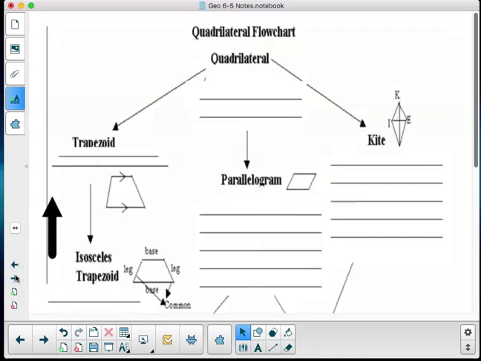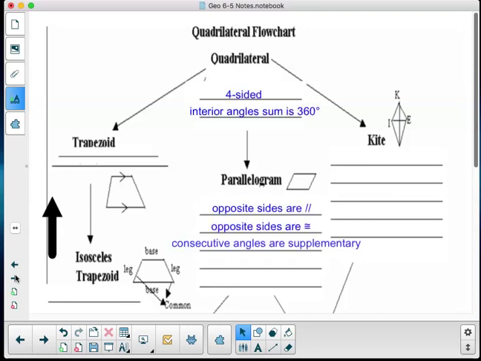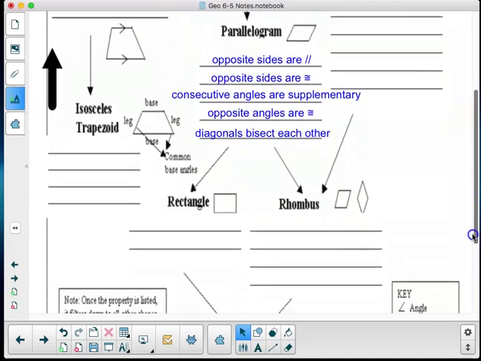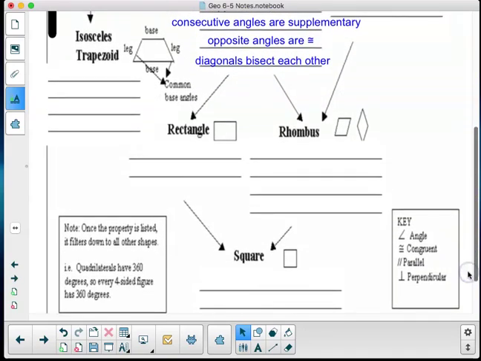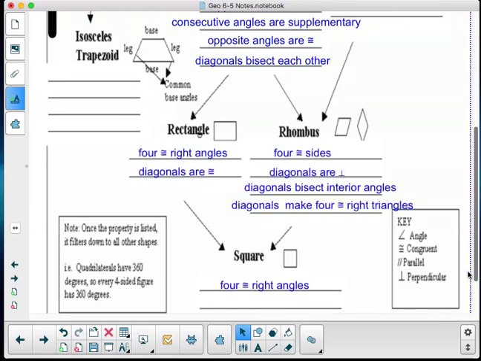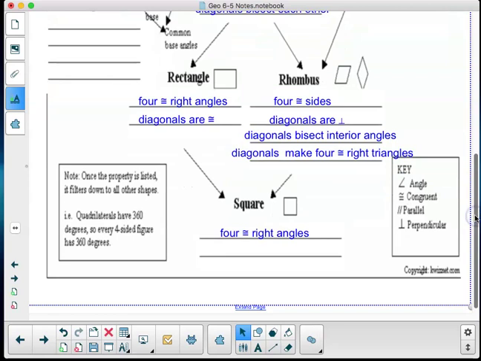Because what we've been doing, we've done our quadrilateral stuff, we've done parallelograms, but today was about rectangles, rhombuses, and squares. So we get to add to our note sheet for our test.